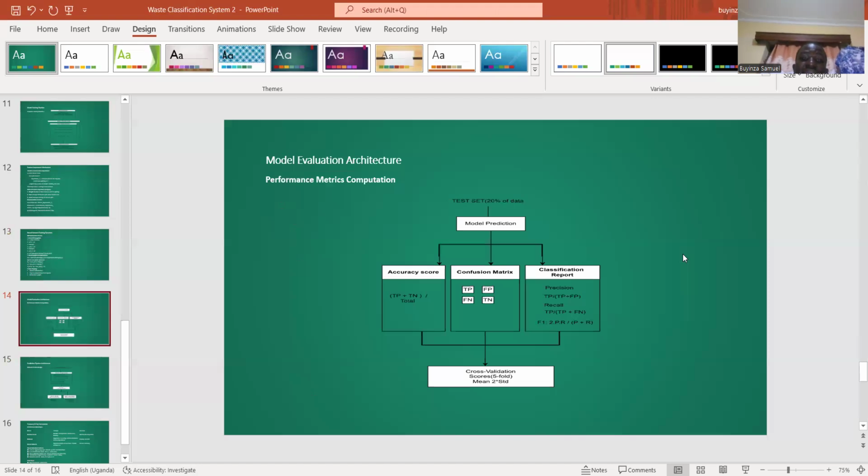So we look at the model evaluation architecture, that is the performance metric computation, where we have a test set, which is 20% of the data, where we do model prediction and the accuracy score, then the confusion matrix, then we also give a classification report for the precision, which eventually leads us to the cross-validation, where we have the scores for the fivefold, giving us the mean.